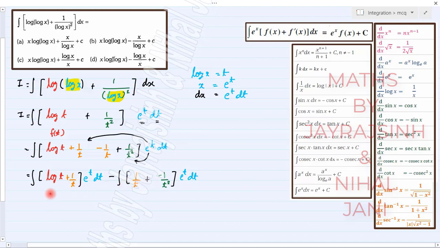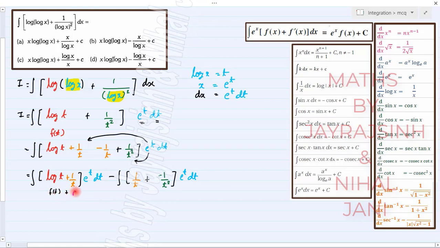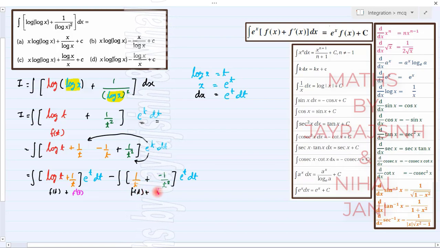So here, as you can see, we have f of t plus its differentiation. And again, in the second term also we have f of t and its differentiation.